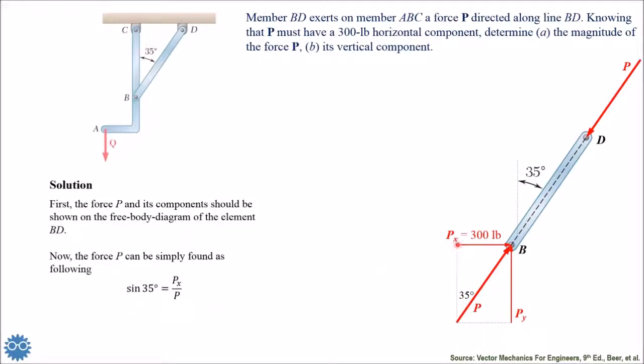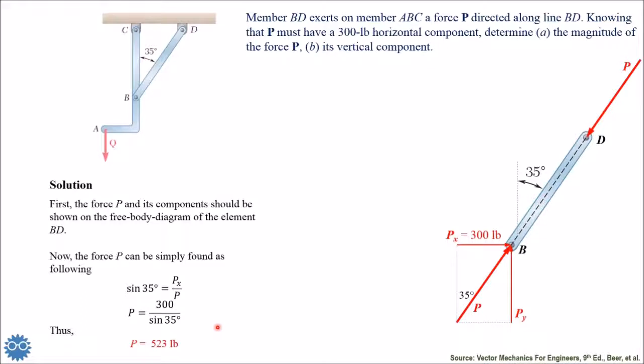We have a triangle, so the sine of this angle 35 will be equal to the opposite side over the hypotenuse, which is the value of P. So sine 35 will be Px over P, and P will be 300 over sine 35.